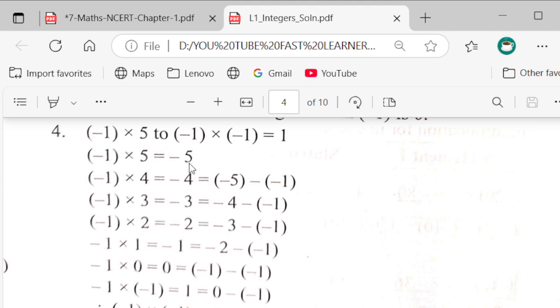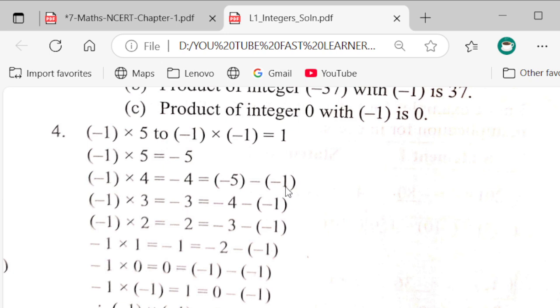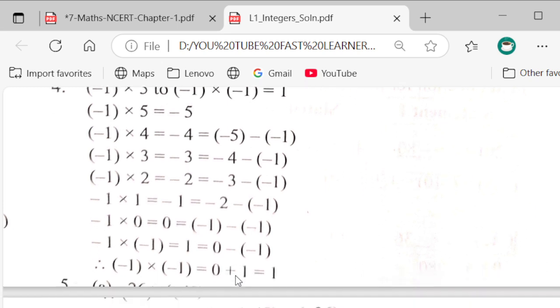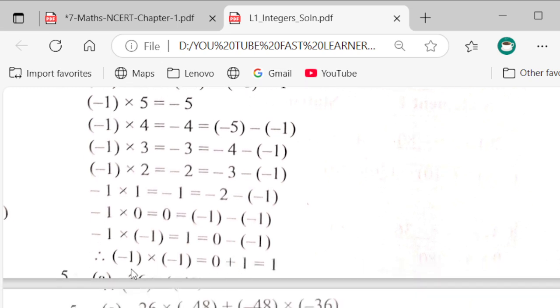Okay, so that means we did minus 5 minus minus 1. Means minus 5 plus 1 is equal to minus 4. Then we are continuing with minus 1 multiplied by 3, minus 1 multiplied by 2. We reach minus 1 multiplied by 1. And then finally we reach here that minus 1 multiplied by minus 1 gives you 0 plus 1.